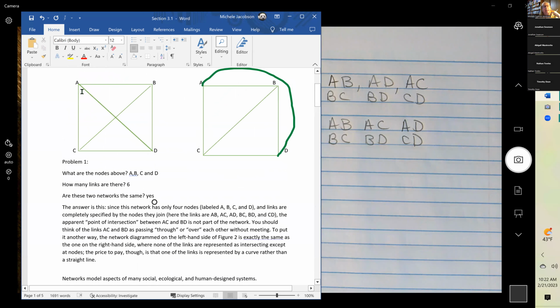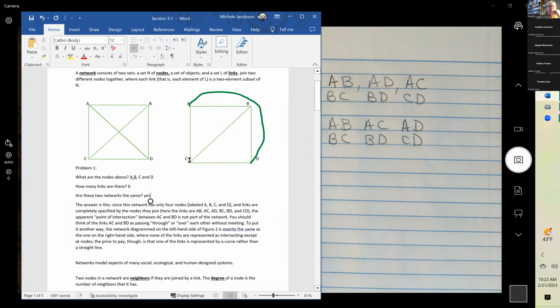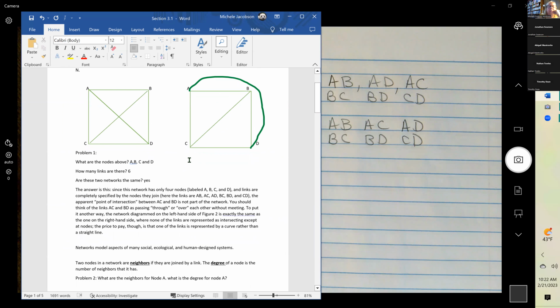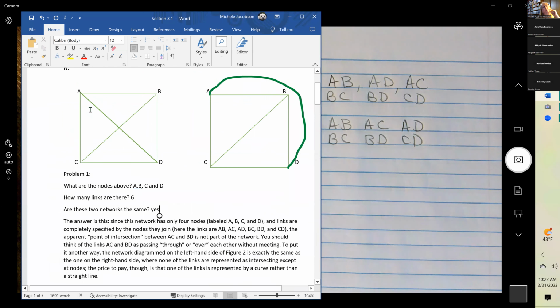If we look at A, how many neighbors does it have? Two? How many links does it have? Notice A has 3 lines coming from it. So it has 3 neighbors.